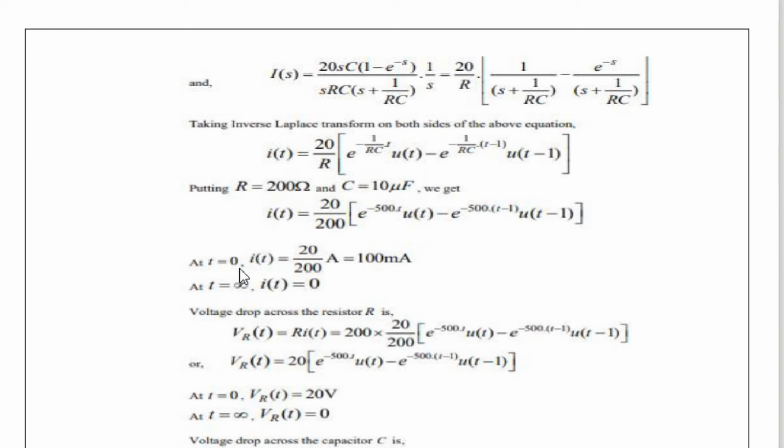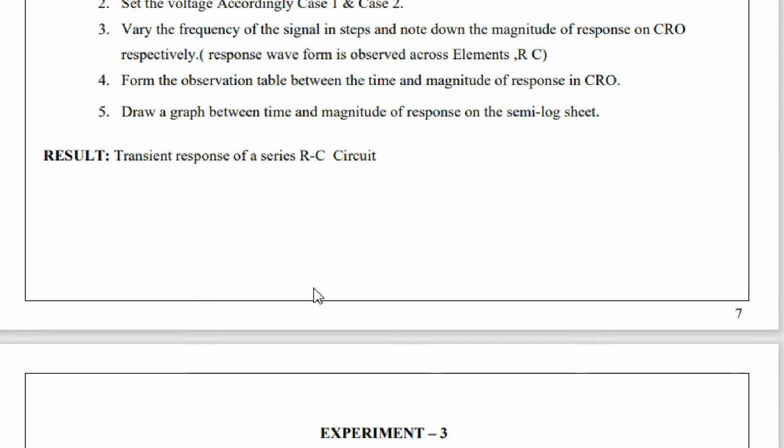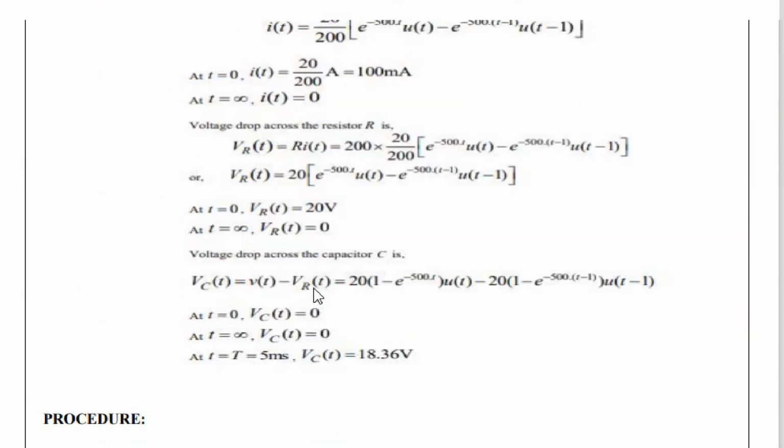So that is I of t at t equal to 0 and I of t at t equal to infinity. We got 100 milliamps at t equal to 0, and at t equal to infinity, I of t equal to 0. Similarly, the voltage drop across R is Vr of t equal to 200 into 20 by 200 and some equation.